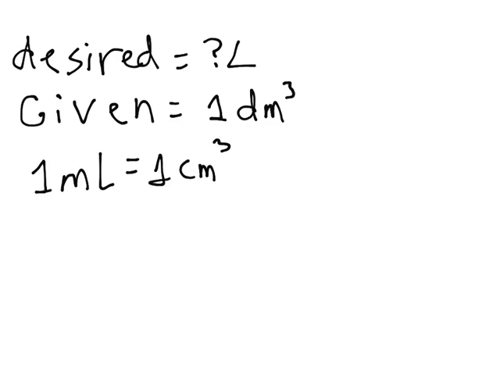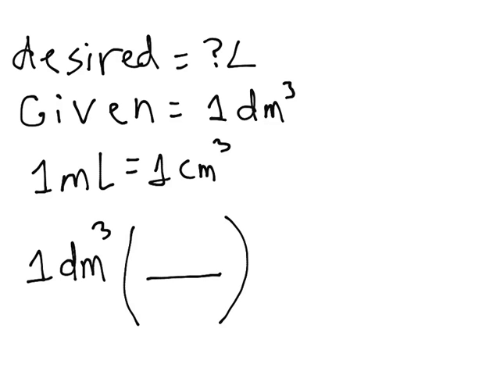So let's do what we have always done. This is the given unit, decimeter cubed. Parentheses and line. So the given unit will be decimeters, and you cannot convert from decimeters to liters because decimeters is a measure of length and liters is a measure of volume. So you have to use this conversion factor first.